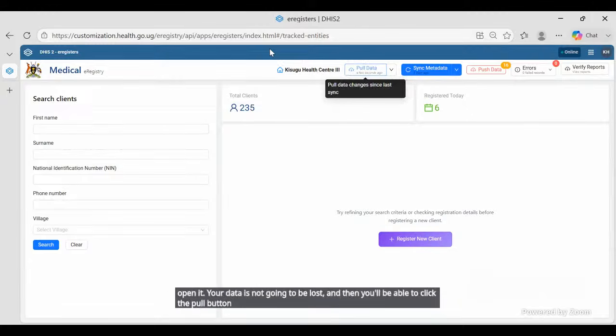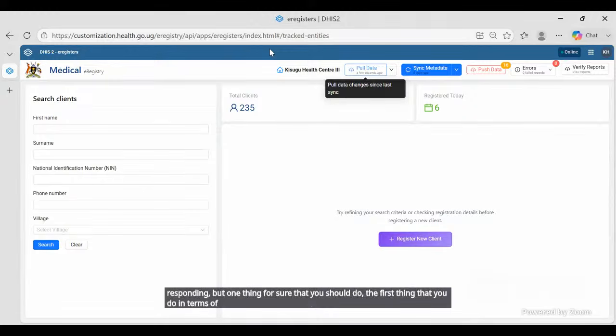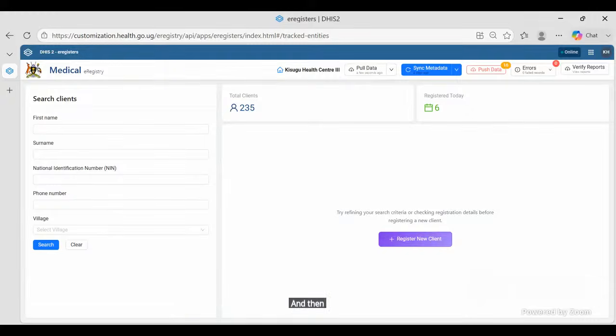Sometimes you click on it and it's not responding. But the first thing that you do in terms of troubleshooting that particular challenge is refreshing the page. Some people have gone as far as logging out and logging back in, which does the same thing because you basically are refreshing the page, and then you'll be able to have the pull, sync metadata and push data buttons active.